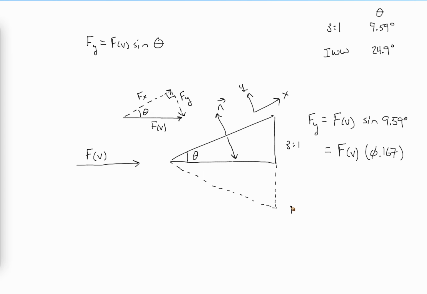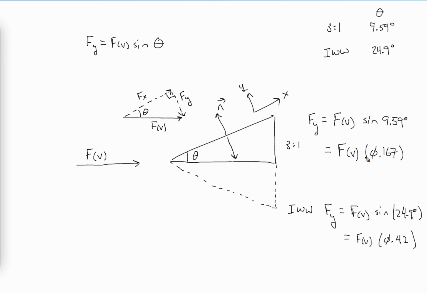Now let's look at the shorter, stubbier Iron Will as just an example. So F_y is equal to F_v, this time times the sine of 24.9 degrees. You punch that into your calculator, and that would be the force here times 0.42.